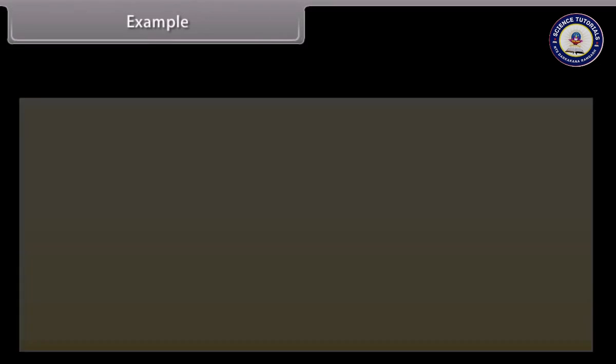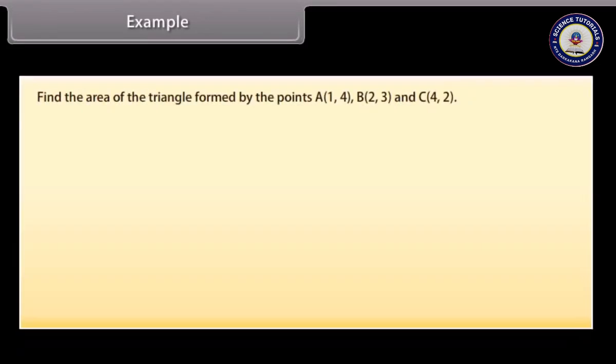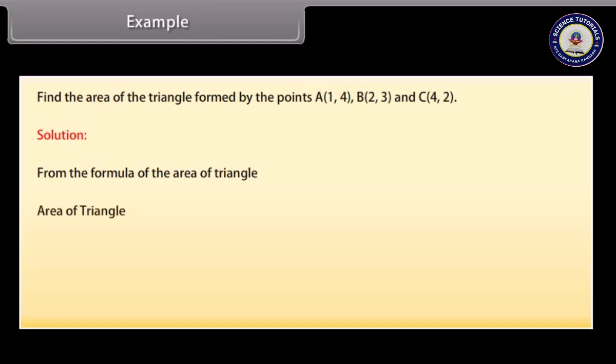Example. Find the area of the triangle formed by the points A 1, 4, B 2, 3 and C 4, 2. Solution. From the formula, area of triangle is equal to 1 by 2 into x1 into y2 minus y3 plus x2 into y3 minus y1 plus x3 into y1 minus y2.